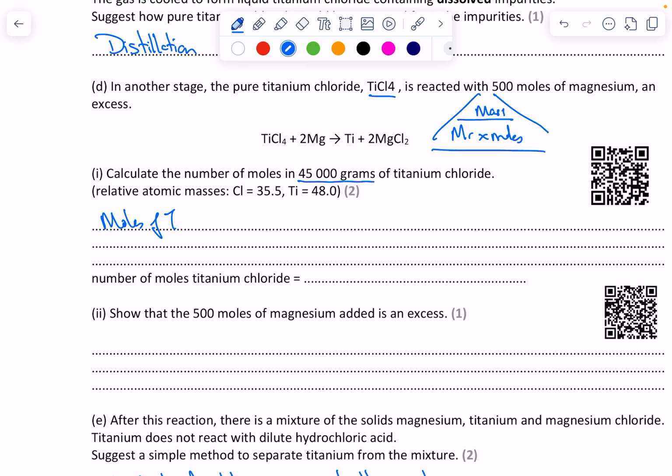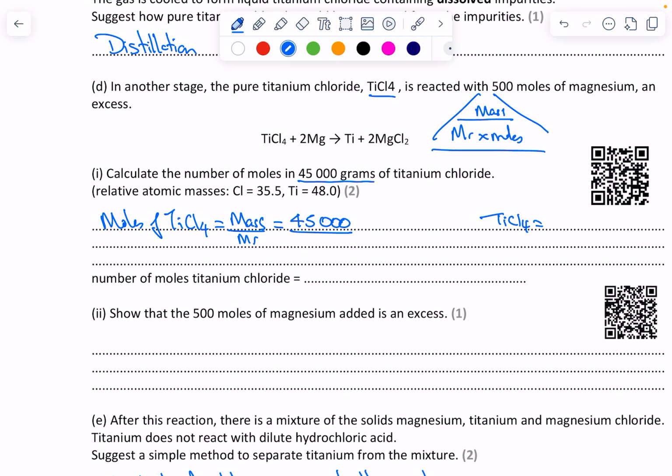So moles of this titanium chloride, according to that triangle, moles is going to equal the mass divided by the Mr. The mass is 45,000, and we're dividing it by the Mr. So over here, let's just work that out.